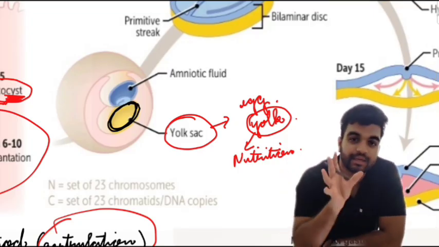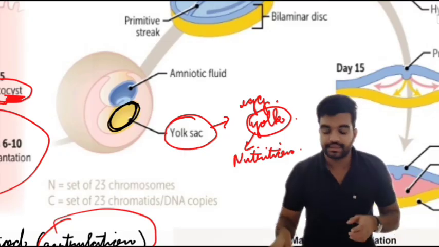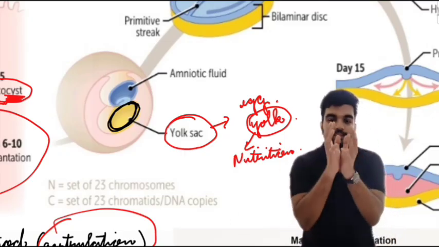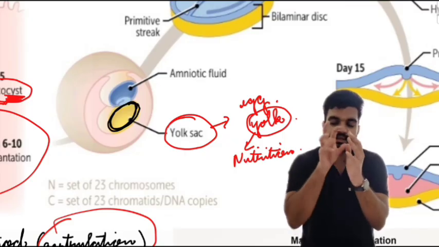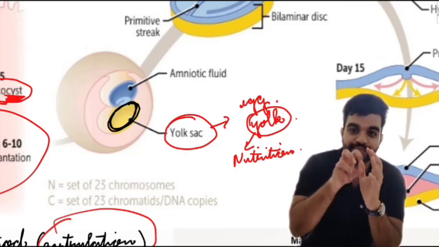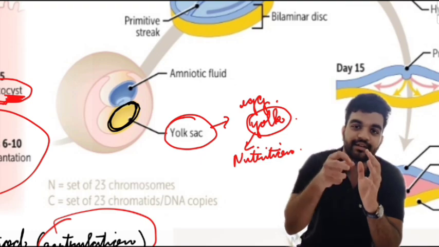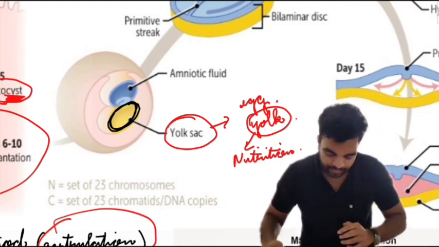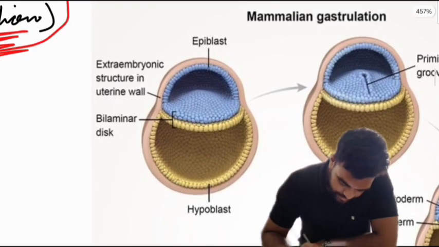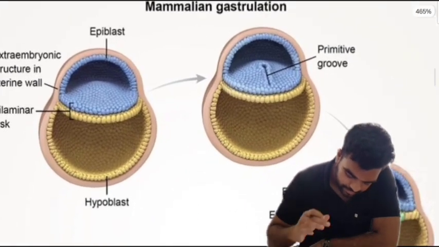But now here, just start visualizing whatever I'm gonna tell you. There is one big ball. Inside this big ball, there is one simple cavity which was the blastocyst cavity, which went on to become a yolk sac. This is the ball that you will have to visualize.